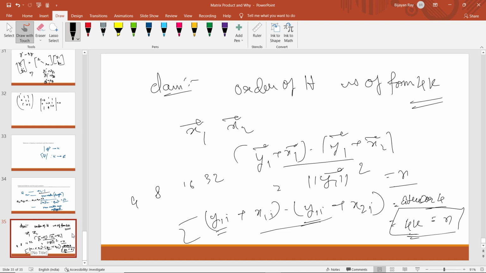The question said that any two rows of the matrix have to have dot product 0, I think. Yes. And all the entries are plus minus 1. So any two rows have dot product 0 or 4. This was the question, right? Or there were some additional conditions.